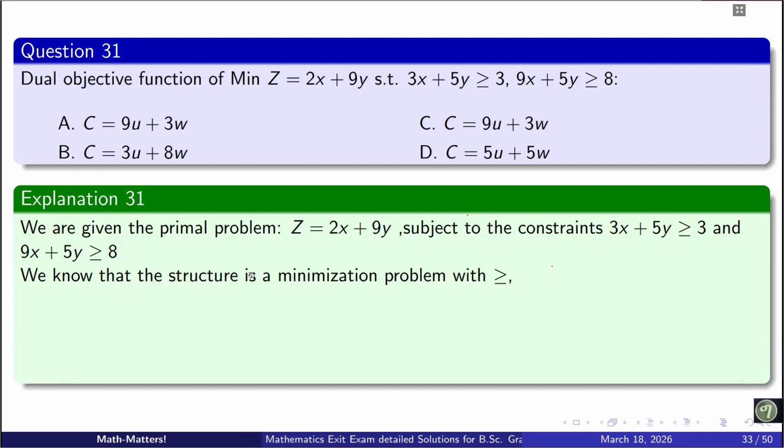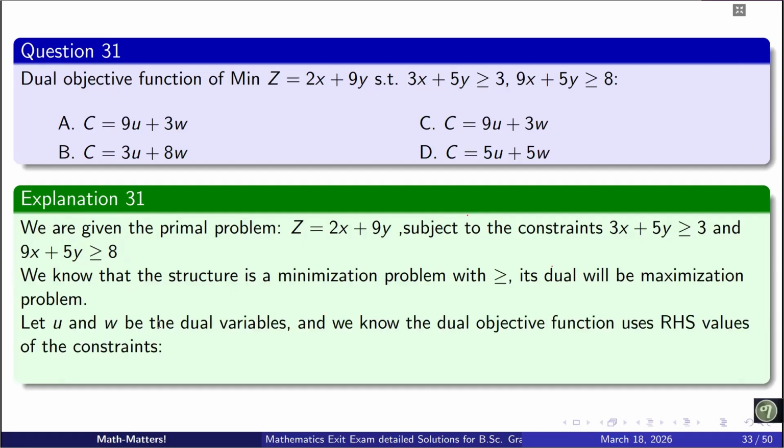We know that the structure is a minimization problem with greater than or equal to constraints. That means its dual will be a maximization problem.